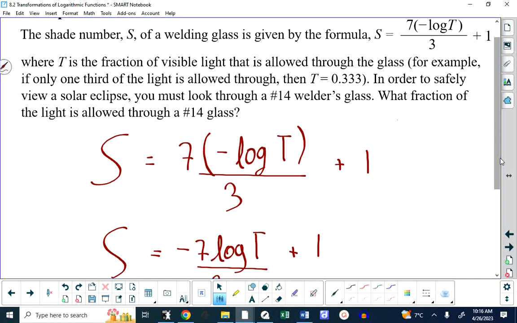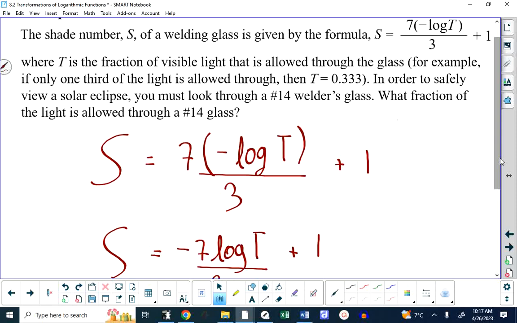So in this formula, S is the shade number, and T is the proportion of light that it allows. So if you end up with T equals 0.3333, it's only allowing 1/3 of the light through, because that's 33%.